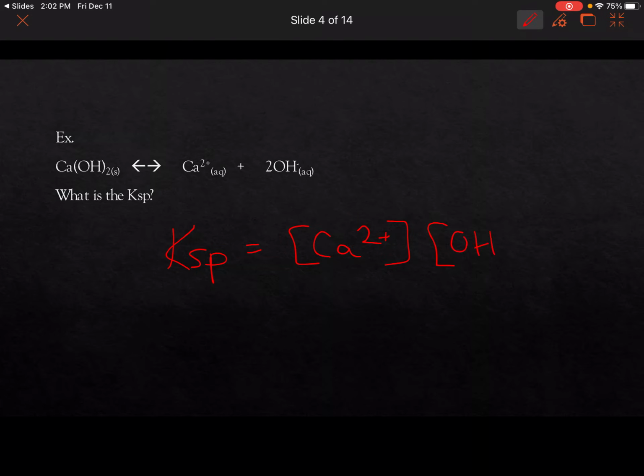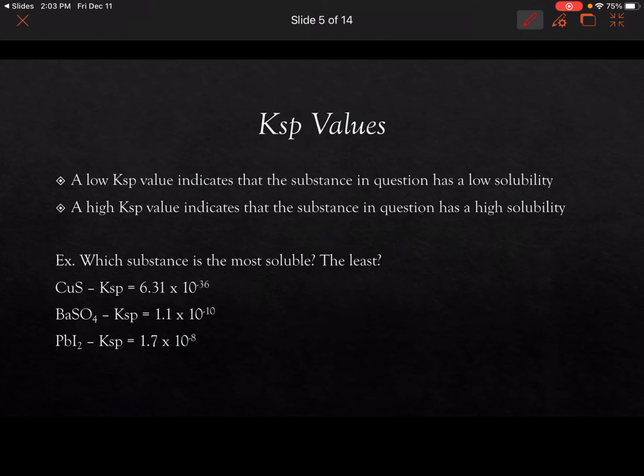And you can't forget, you have to factor in that 2, and that's going to be squared there, okay? So it's going to be the calcium 2+ concentration times the OH minus concentration squared. So that's the KSP expression for calcium hydroxide.